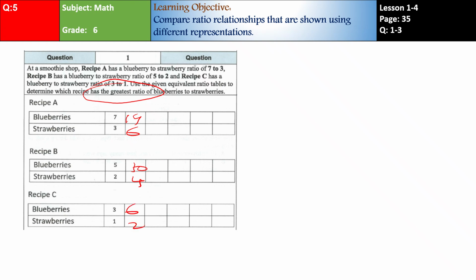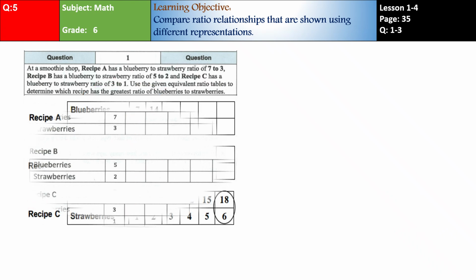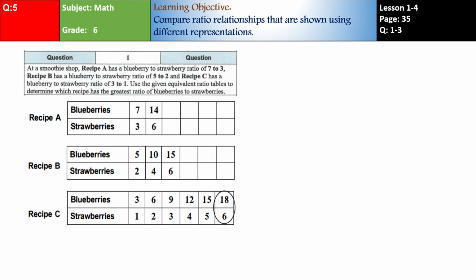Complete the table and see where they have at least one of them the same. So this is 14 and 6, here 15 and 6 and 18 and 6. So 18 and 6 is the greatest, so recipe C has the greatest ratio of blueberries to strawberries.